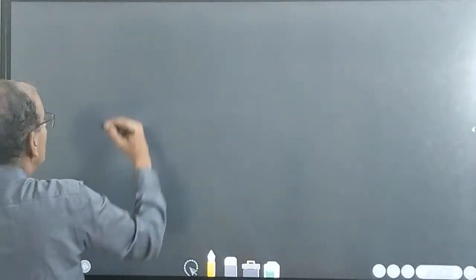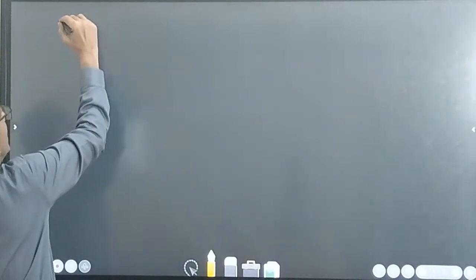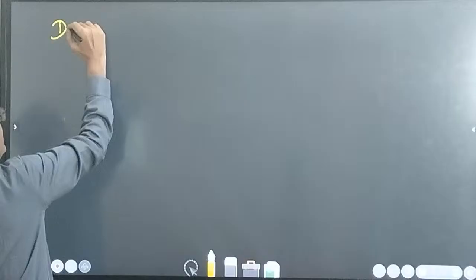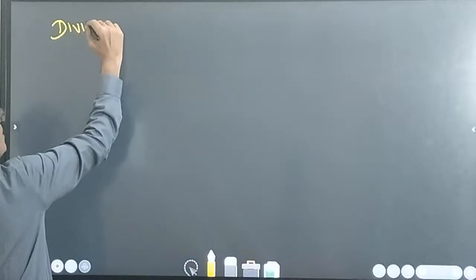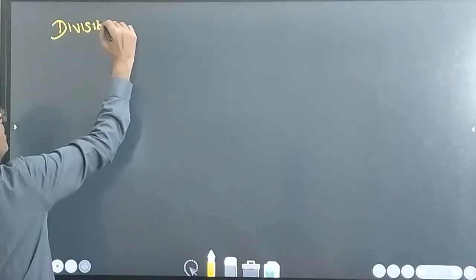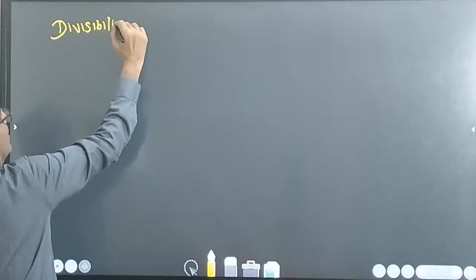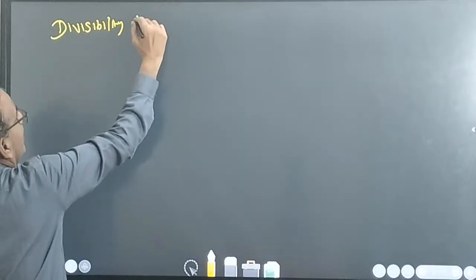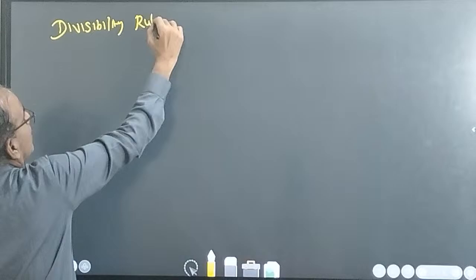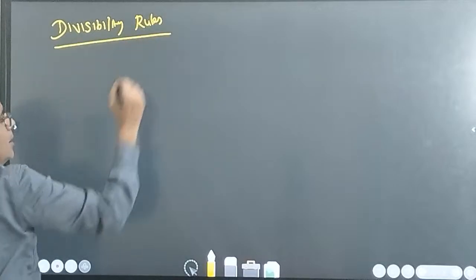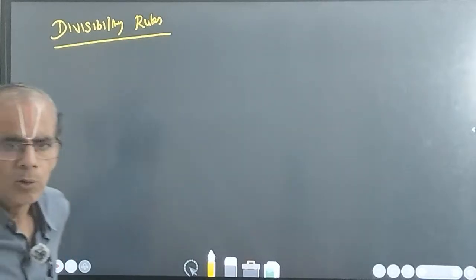Then speed maximum. Another important area, divisibility rules. Then we are going to divisibility rules.